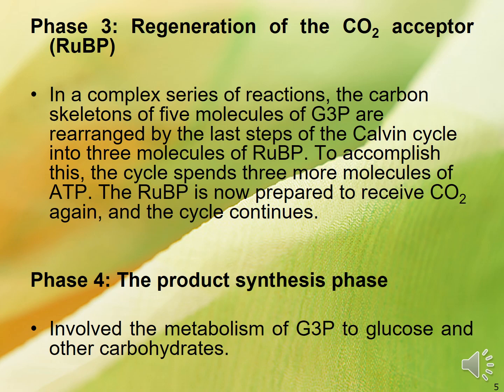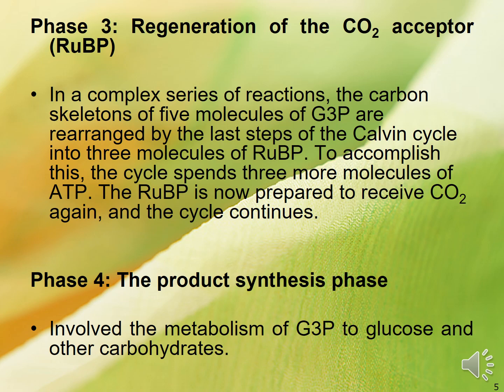So these 5 molecules of G3P will enter phase 3 to regenerate the RuBP. How many molecules of RuBP are they able to produce? From 5 molecules of G3P, they are able to produce 3 molecules of RuBP. This process also requires ATP.